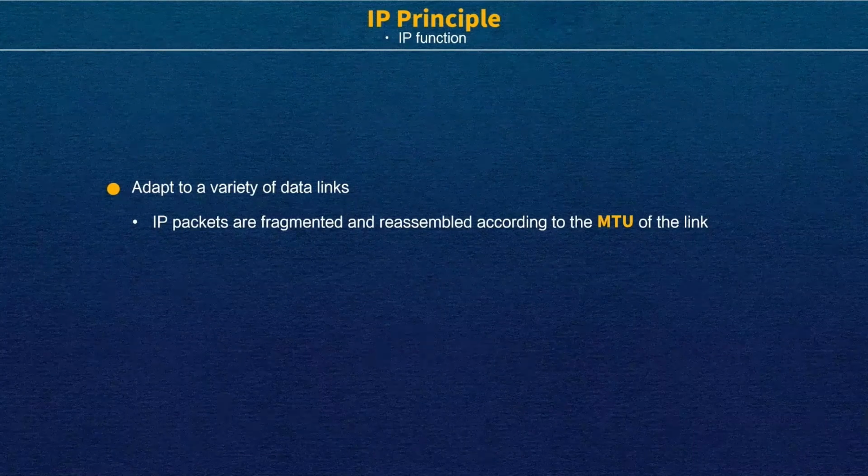So we divide it into different packets according to the limit size, 1500 bytes and 1500 bytes, something like this. After the receiver receives this information, we can reassemble it according to the sequence number: what's the first part, what's the second part. So this is a function of IP.